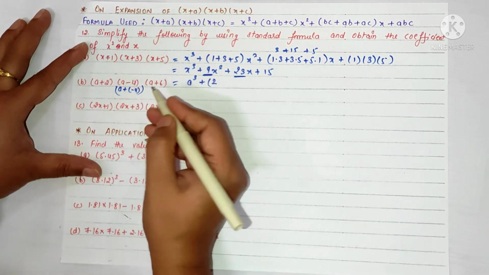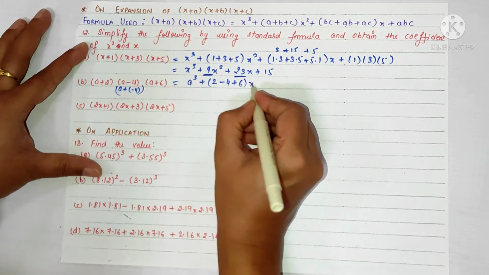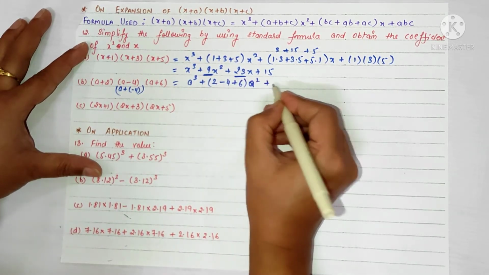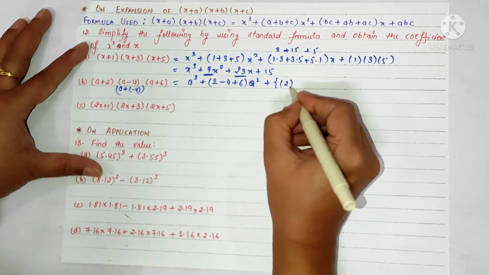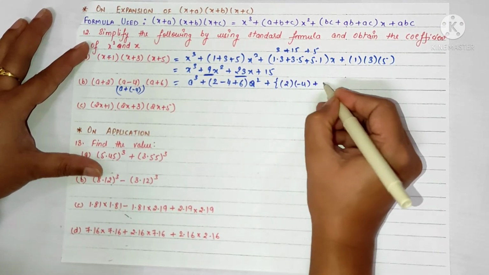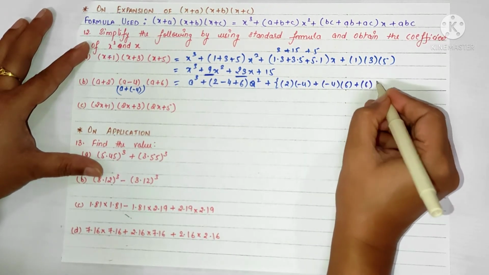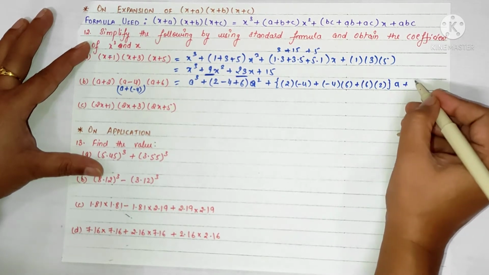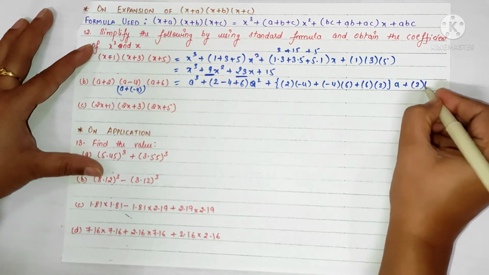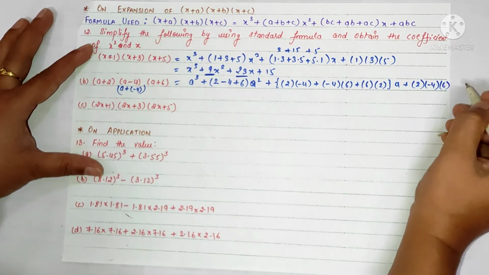So minus 4, when we sum, we'll again get minus 4 and plus 6 into a square. Now we'll write the multiplication, that is 2 into minus 4 plus minus 4 into 6 plus 6 into 2 and the variable that is a. And now individual multiplication of each constant, that is 2 into minus 4 into plus 6.